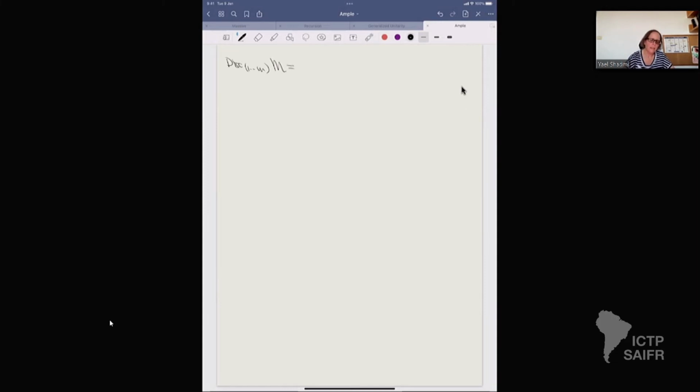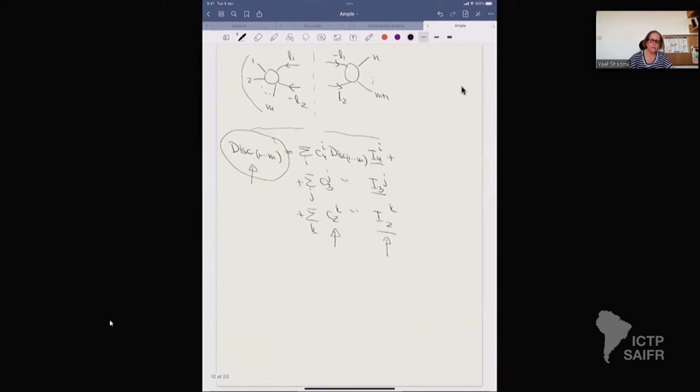And what is it equal to? Essentially I have to look at all the different factorization channels that are possible here. Namely, I already decided that I'm looking at this particular discontinuity, so it's these propagators with L1 and L2 that are cut.